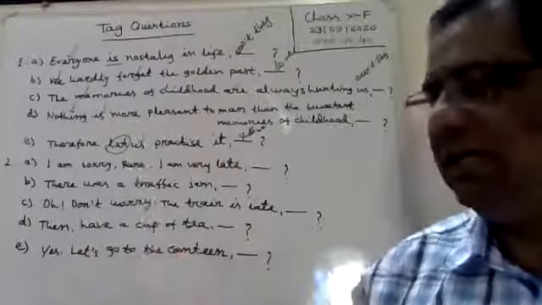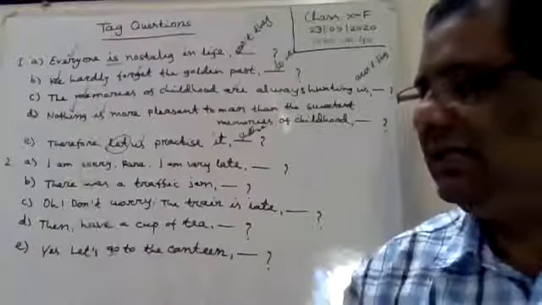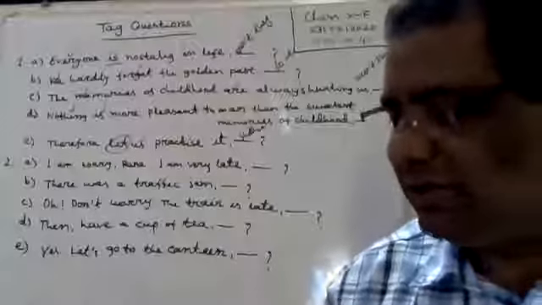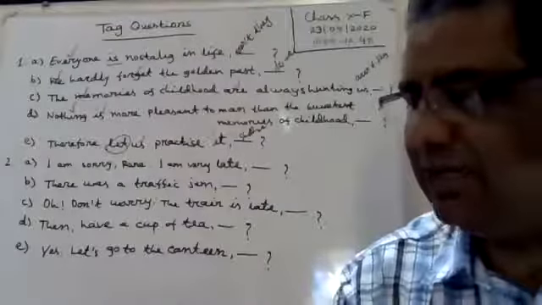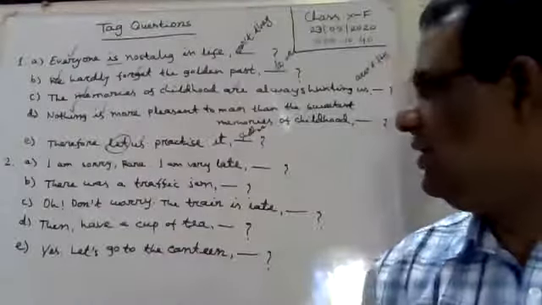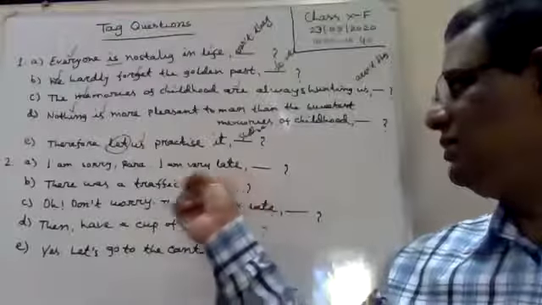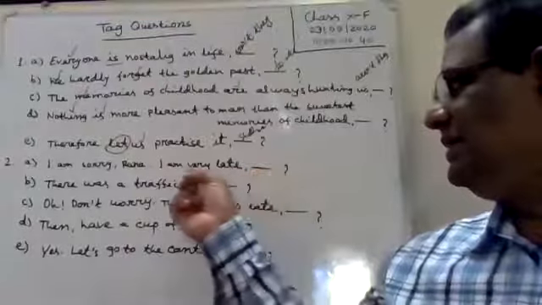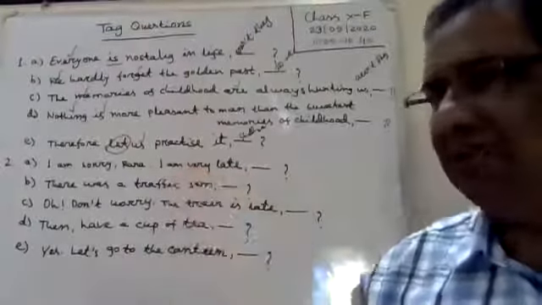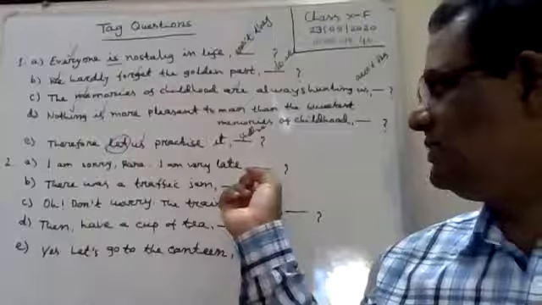So I am sorry, Rana. This is just a show of sentence. You need not change it. You need not find out the tag question from here. From where you have to find the tag question: I am very late. So the gap is in connection with this sentence. So you have to write down the tag question here.